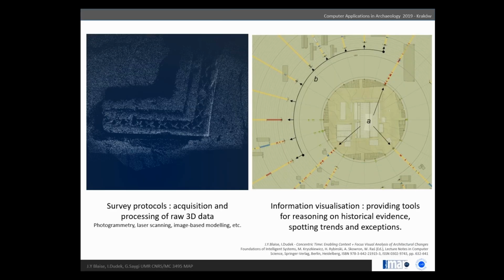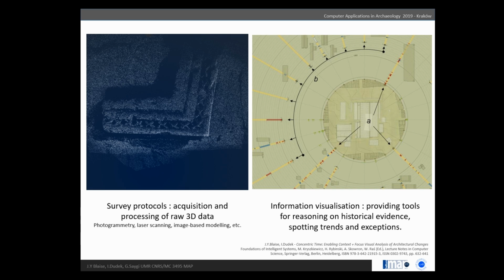In fact, over the past years, my unit has been investing on two research lines. One is survey protocols: acquisition, processing, publishing of 3D datasets. And the other is information visualization, providing tools for reasoning on historical evidence, spotting trends, spotting exceptions.